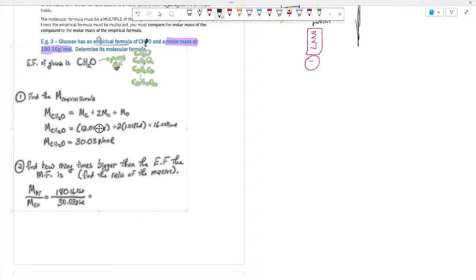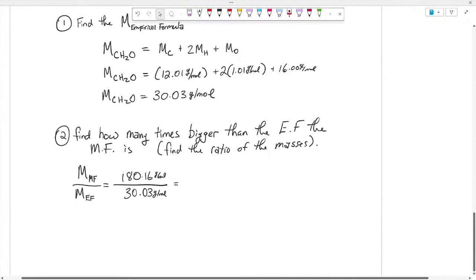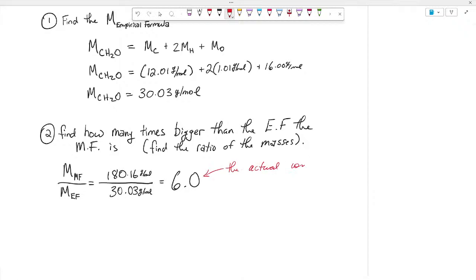And because we're not worried about sig figs here, inherently we're always going to be rounding when we do these questions. I'm just going to say we get 6.0, right? Which means the actual compound is 6 times the empirical compound.